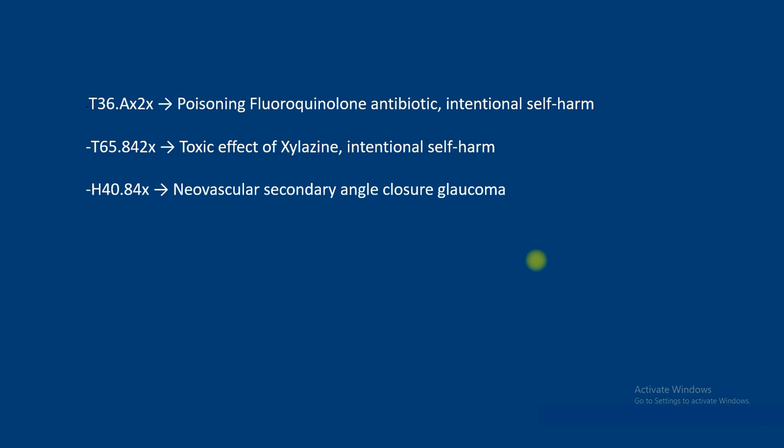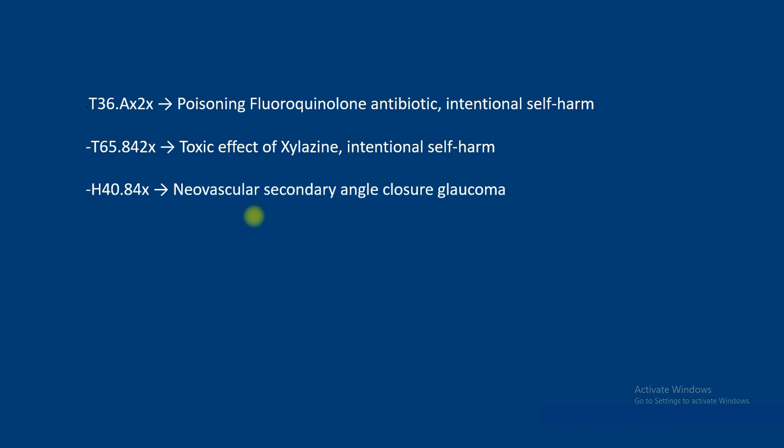The first one is intentional fluoroquinolone antibiotic poisoning, and this toxic effect is also intentional. Intentional means the patient wants to harm him or herself. At that time only we can use these two codes. So what is a toxic effect? Contact with chemicals. At that time we will use T65.842X.